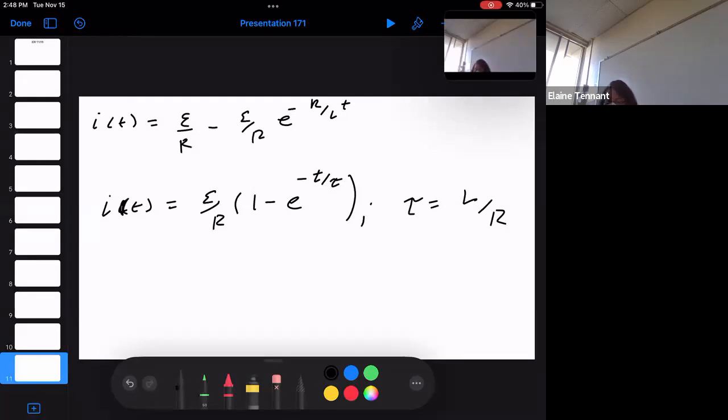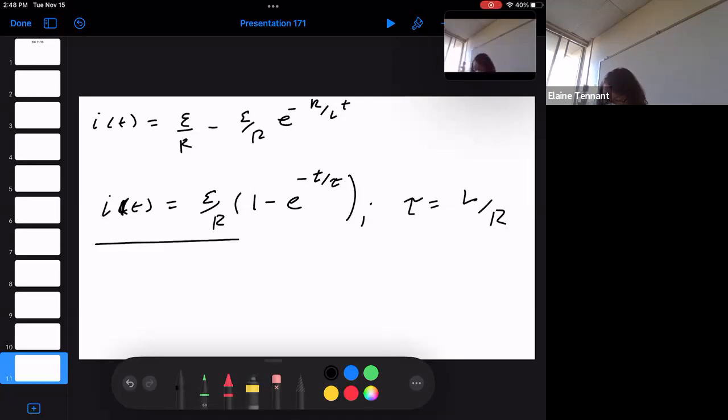We notice that when we plug in t equals 0, we end up with 0, right? And when we plug in t equals infinity, we end up with battery voltage divided by resistance. So not only does this work out conceptually, this hits everything we needed it to hit. Sound okay?